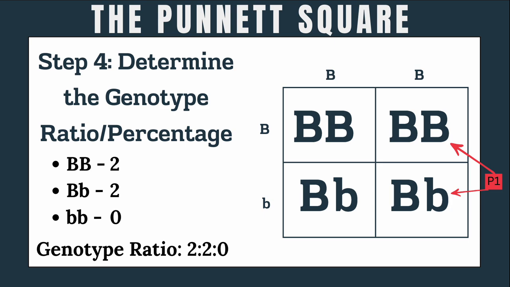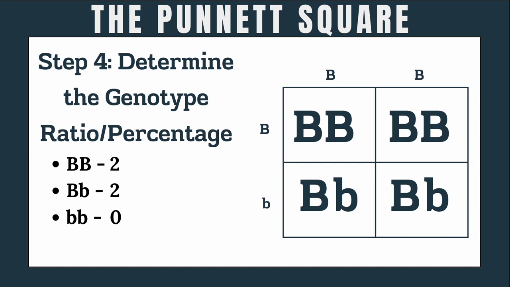And your homozygous recessive has 0. So your genotype ratio is your homozygous dominant, right here, 2, heterozygous, 2, and then your homozygous recessive, 0. So it's always dominant, heterozygous, homozygous recessive.